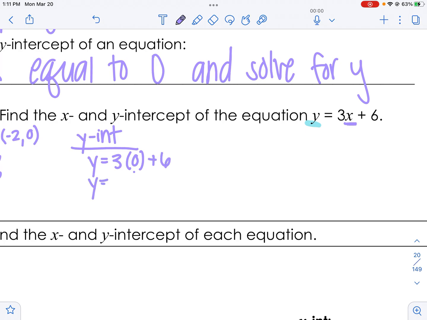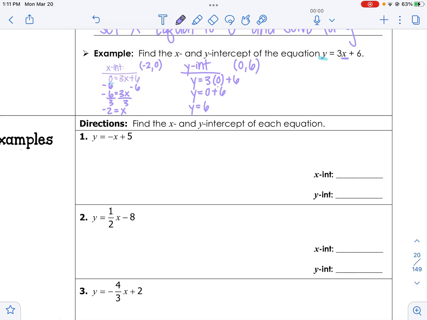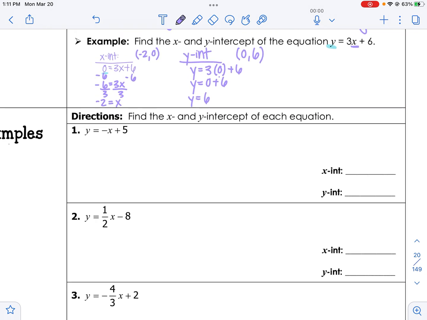That leaves me with 0 plus 6, therefore y is equal to 6, and my y-intercept is 0, 6. I'd like you to pause this and try numbers 1 and 2 on your own. Go ahead and pause and come back when you're ready to see the answers.